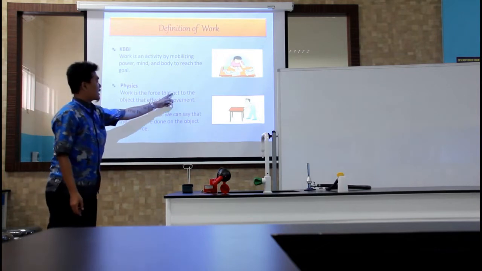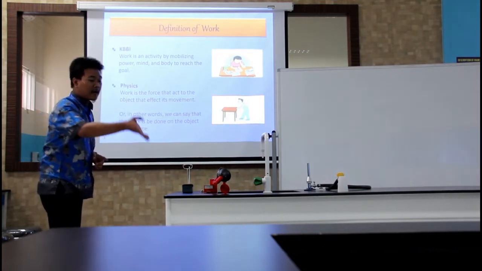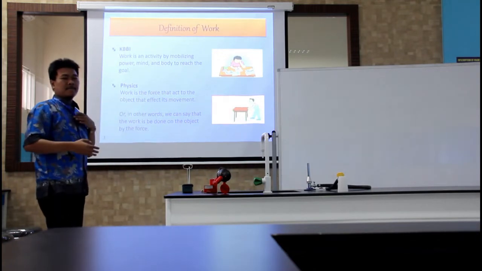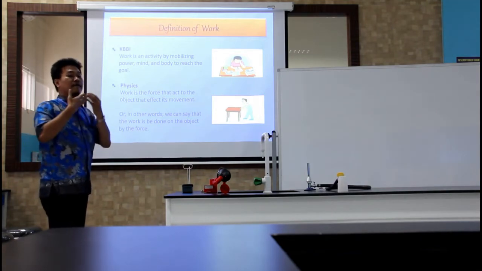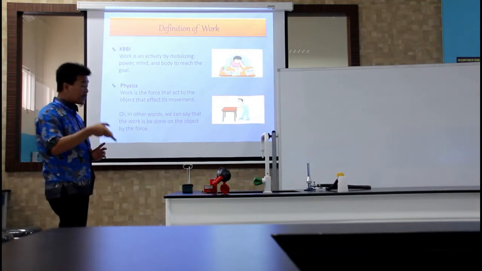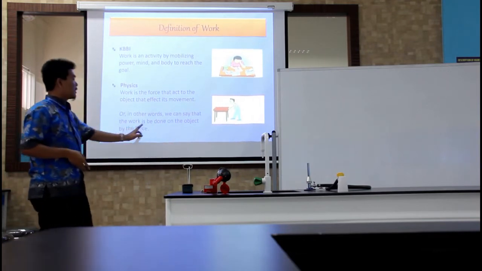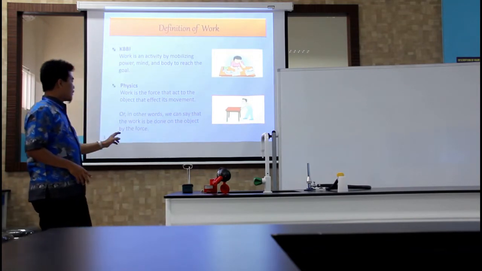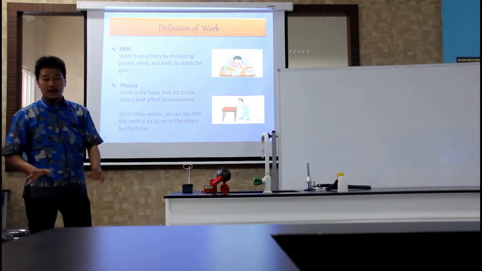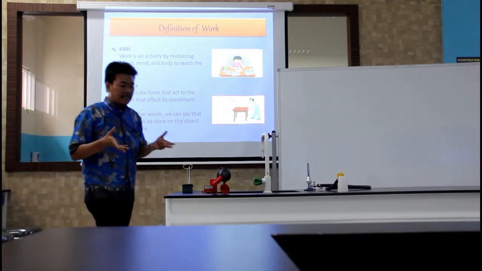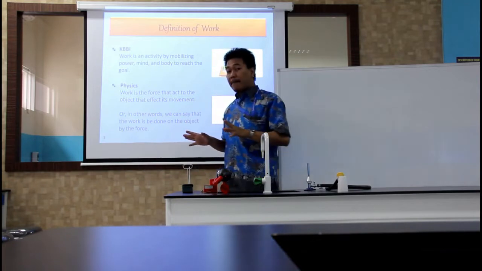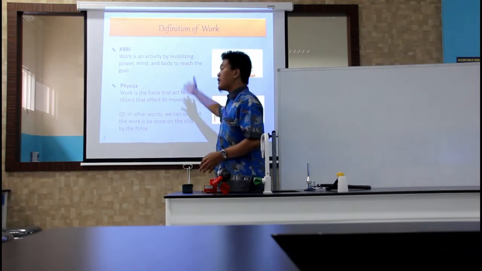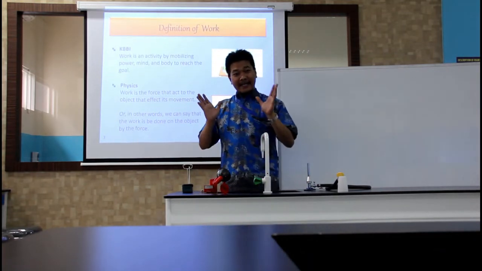The force I give to the eraser acts on the object and affects the movement of the object. In other words, work is done on the object by the force. So we know in physics that an object cannot move by itself without force and without work. Understand?